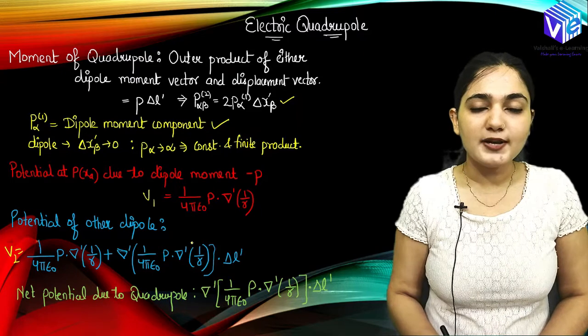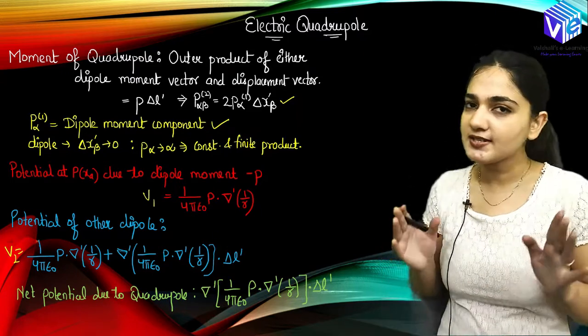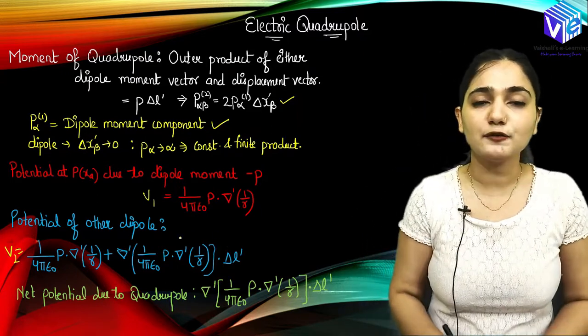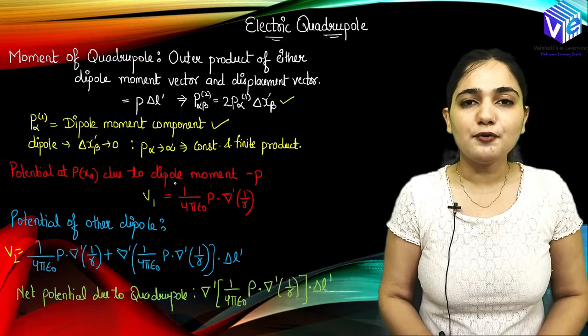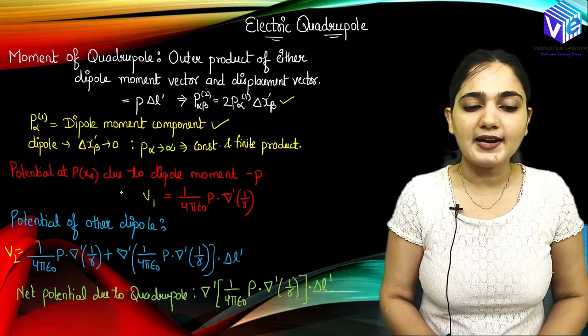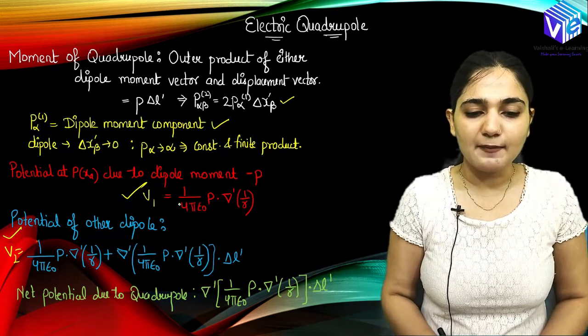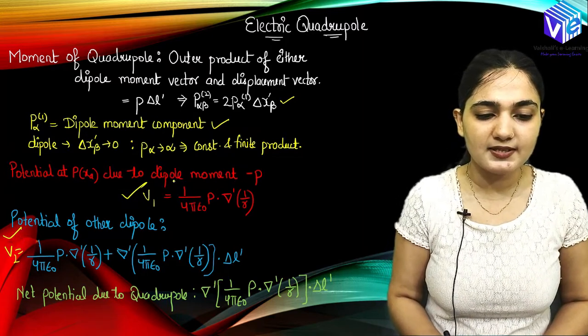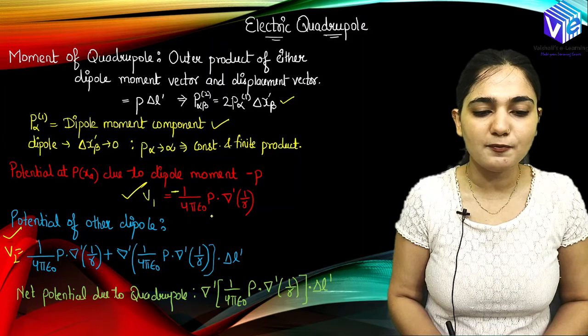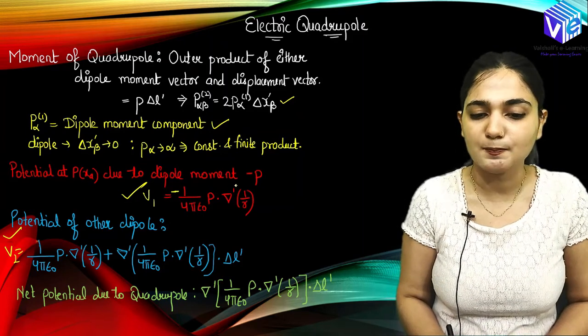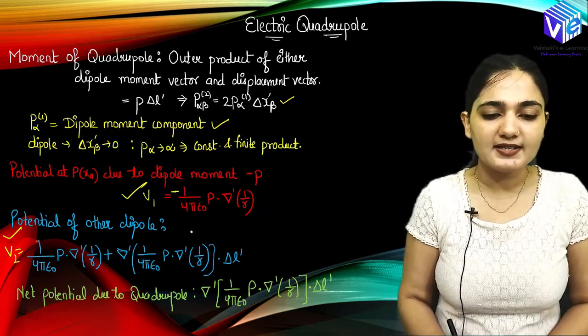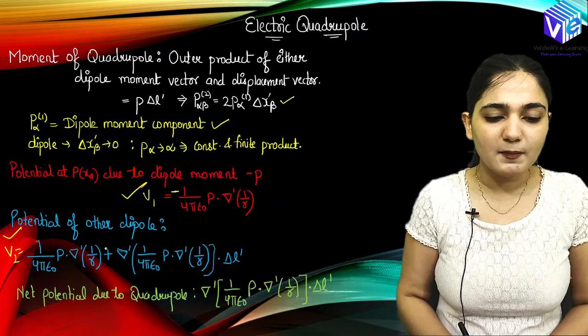So now what is the total potential? Potential is a scalar quantity. So if I need to find out the total potential due to the quadrupole, I will be adding the potential due to the first dipole to the potential of the second dipole. So this potential is represented as minus 1 upon 4 pi epsilon naught, because this is minus P, right? So I will be having the minus sign over here and I have the plus sign over here.